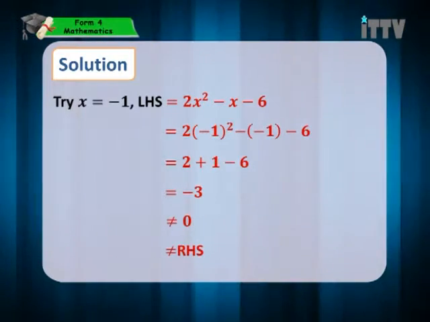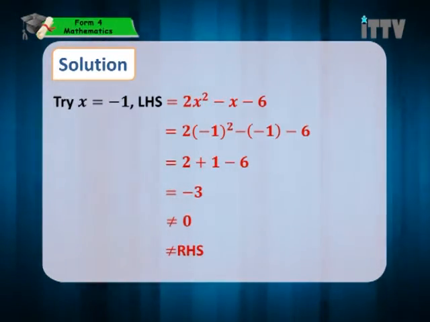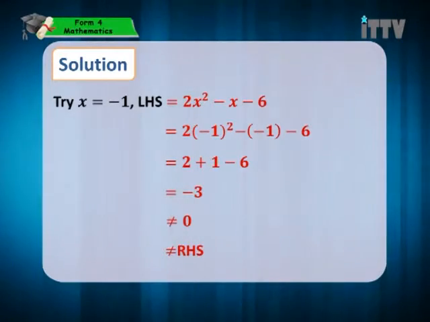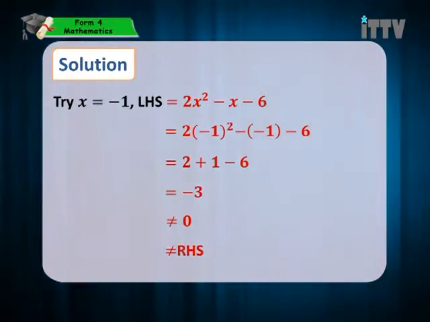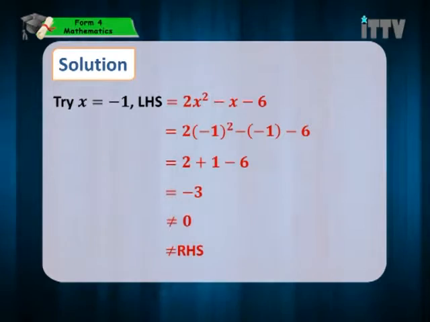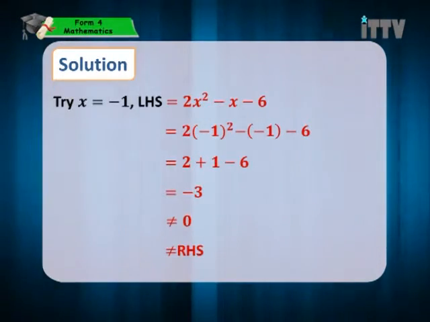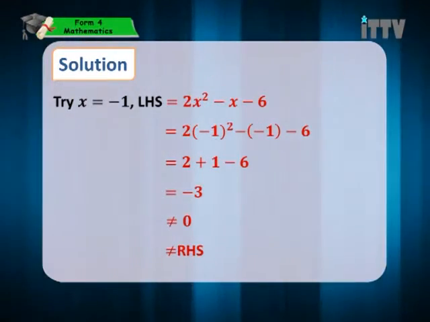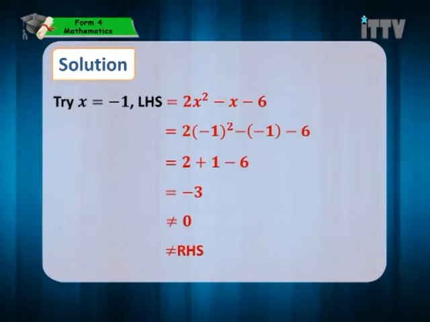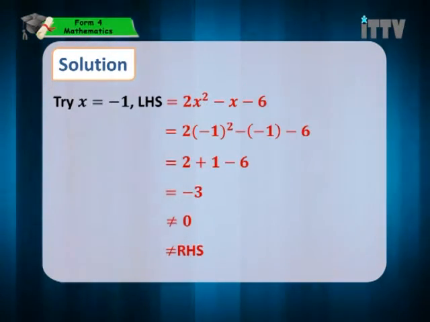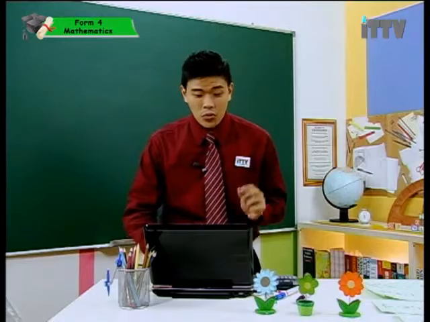Replace minus 1 as x. So it's 2 times minus 1 squared minus negative 1 minus 6. And 2 plus 1 minus 6 is negative 3, also not equal to 0, not equal to the right hand side, therefore minus 1 is not a root also.